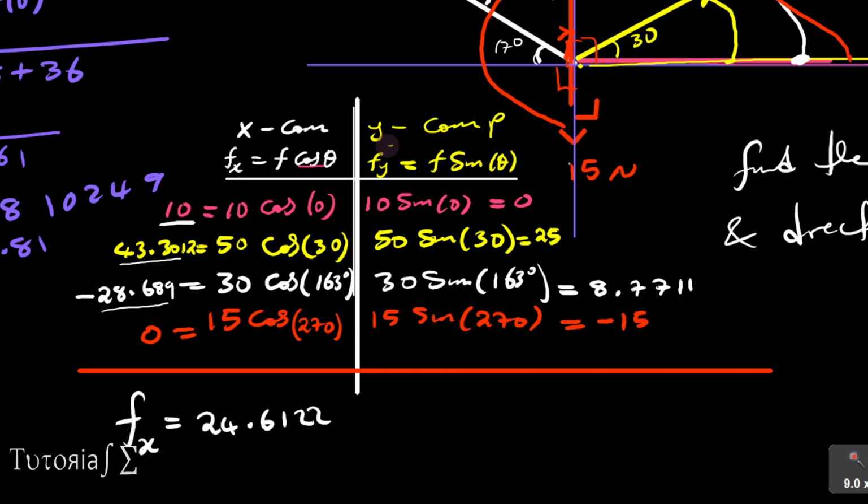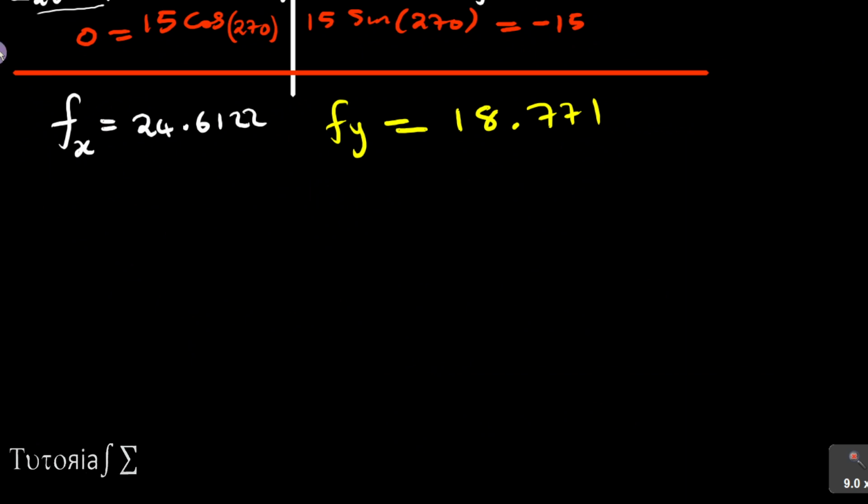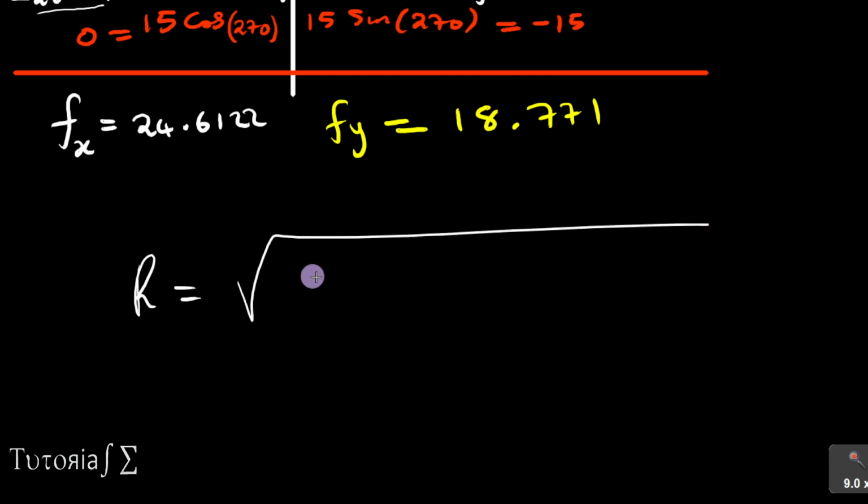Then we do the same for the y component. So forces in the y will be equal to 18.771. Now that we have our forces in the x and our forces in the y, we can find our resultant. Just as usual, the resultant will be the square root of the forces in the x squared plus the forces in the y squared.